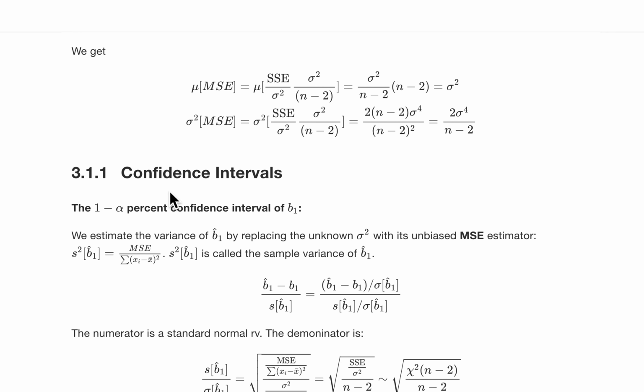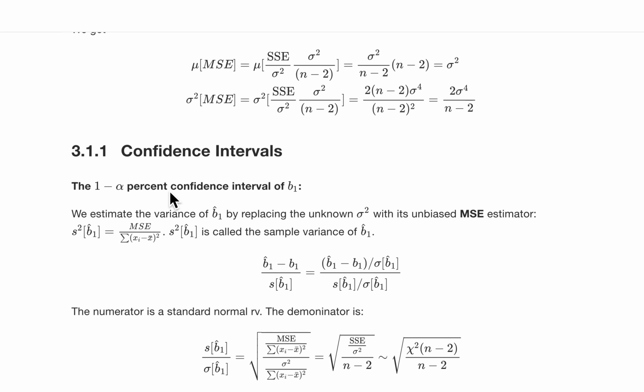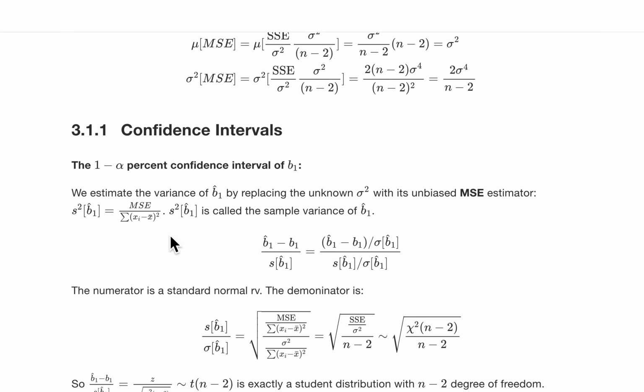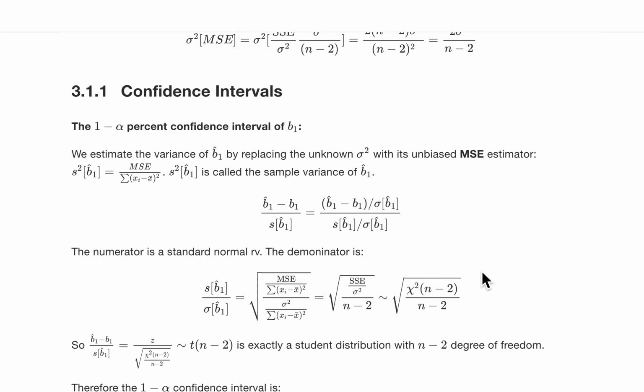Now we want to make further inferences on this model. The first thing we want to see is the confidence intervals for those parameters. So let's find the confidence interval of B1.